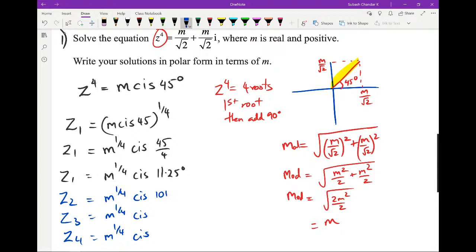So that's going to be 101.25, 191.25, and 281.25.